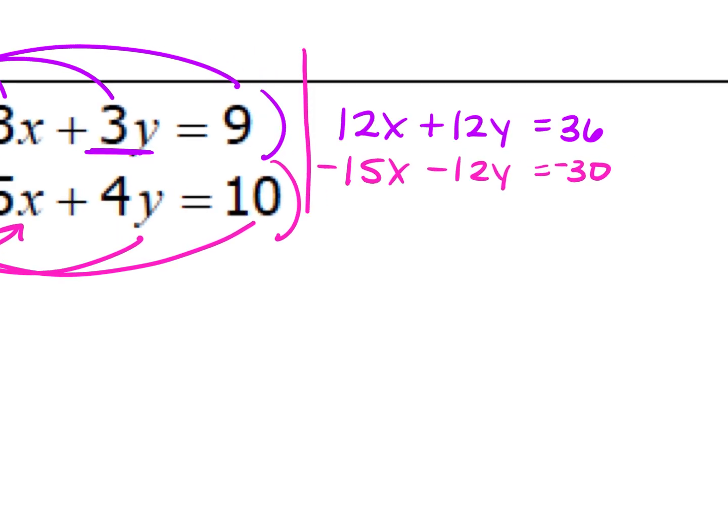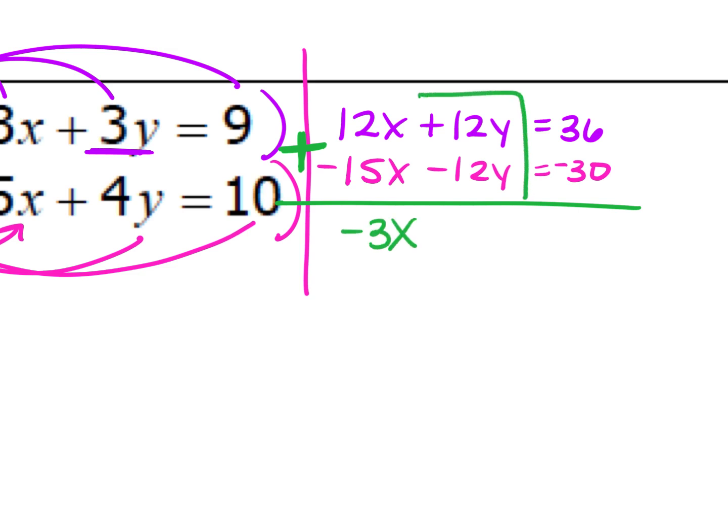Okay, so at this point, you can pretty much ignore the first 2 equations. We've changed both of our equations. Do we have opposite coefficients? Yeah, our y's are opposites right now. So what we can do is we can add these 2 equations together. What is 12x plus a negative 15x? A negative 3x.